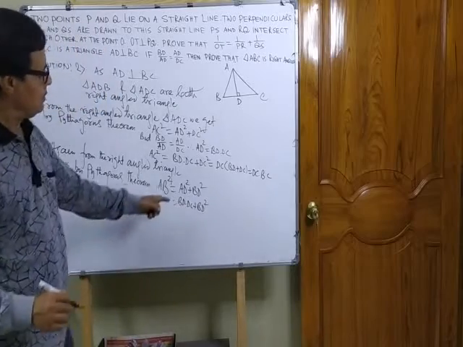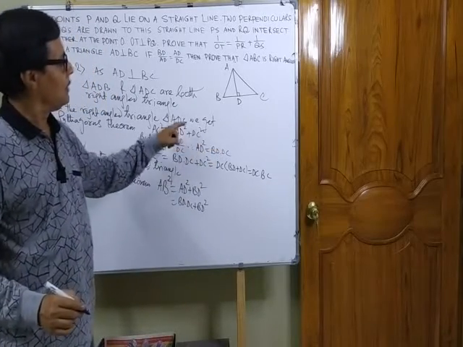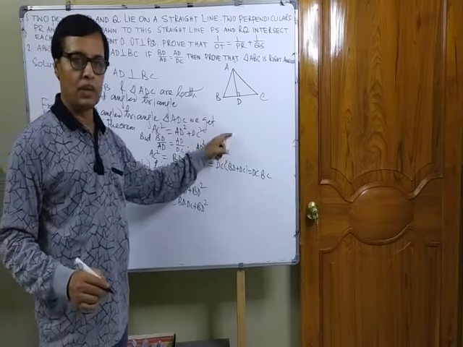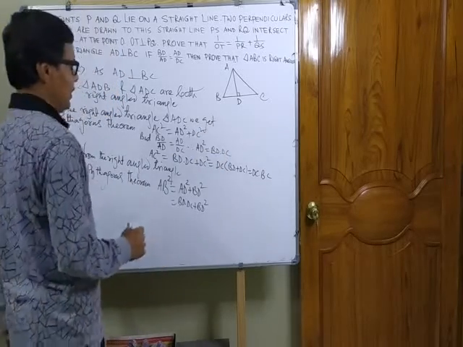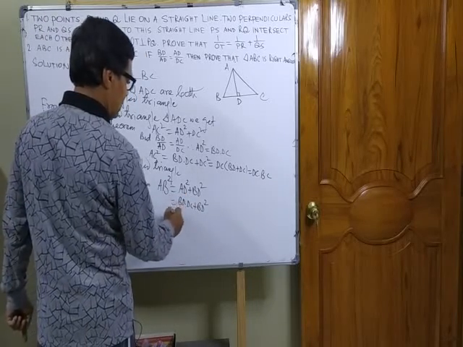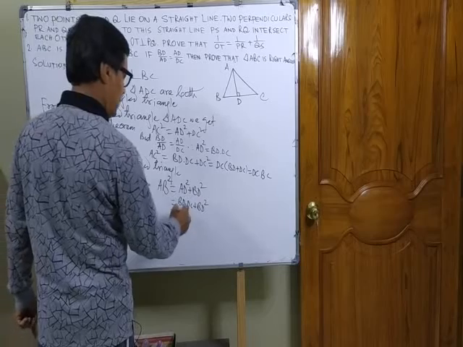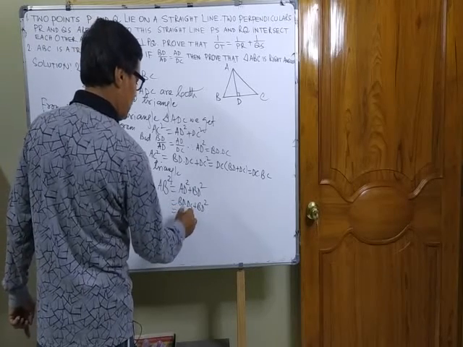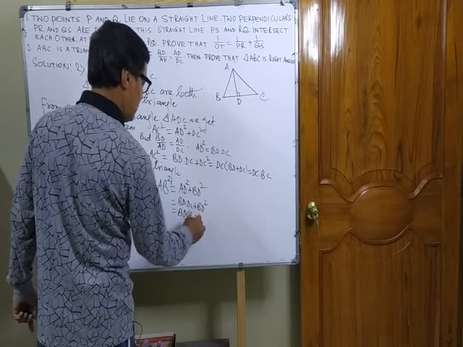We can write BD multiplied by DC in place of AD square because we have got AD square equal to BD multiplied by DC. And also we can reduce it into factors. After reducing we get BD multiplied by DC plus BD.